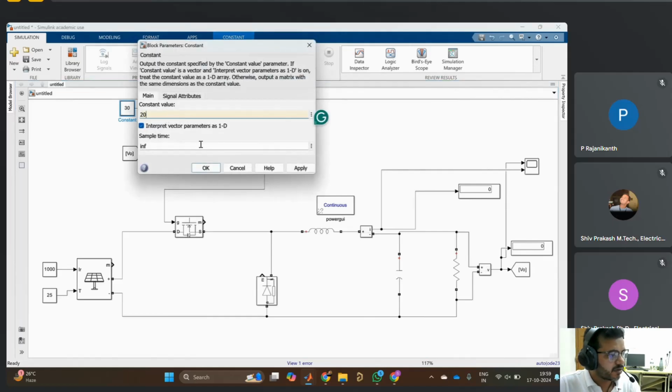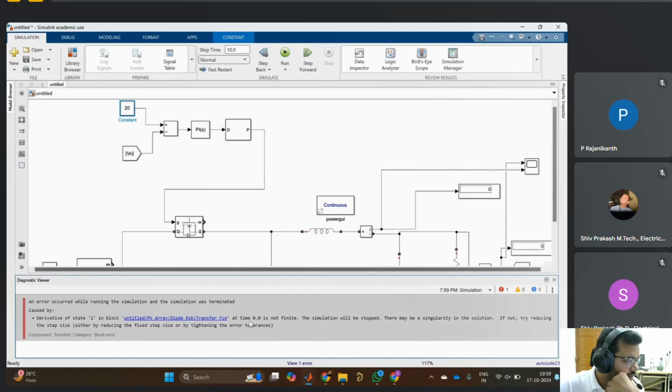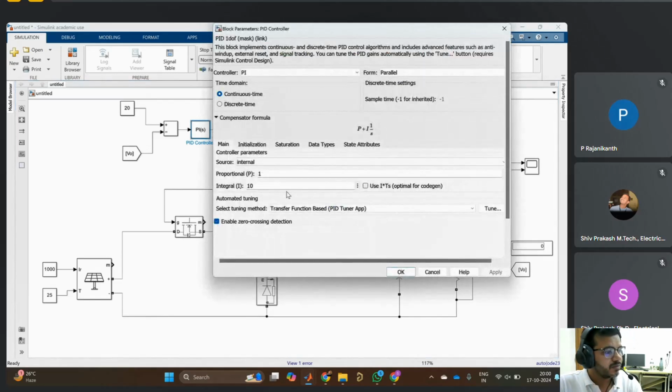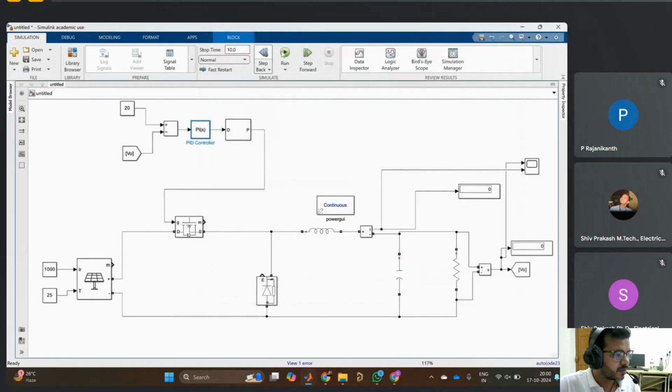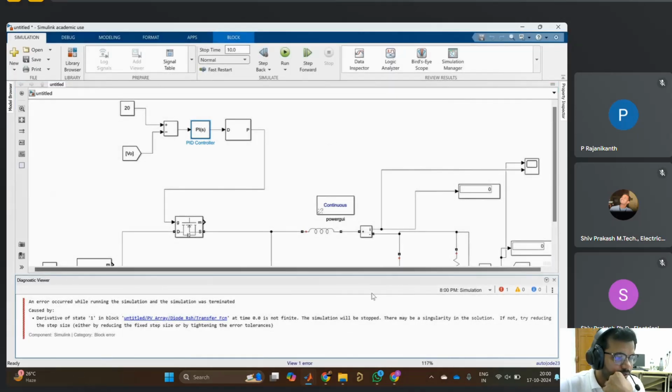There's some error because of making a high voltage. Again there is an error.